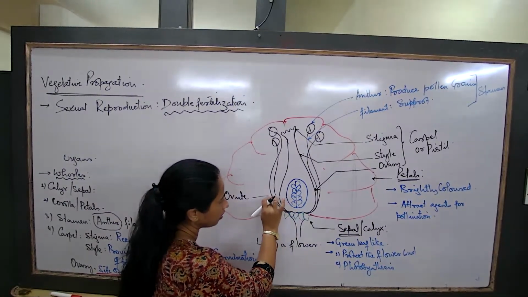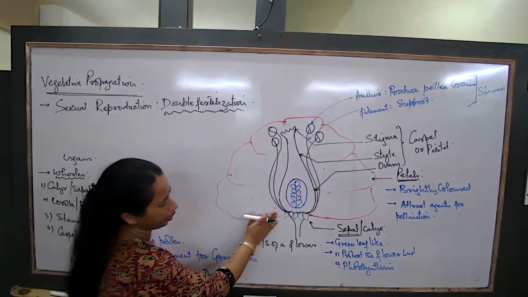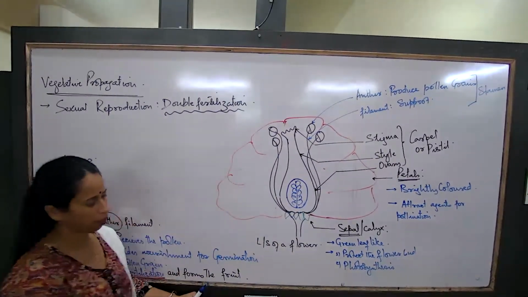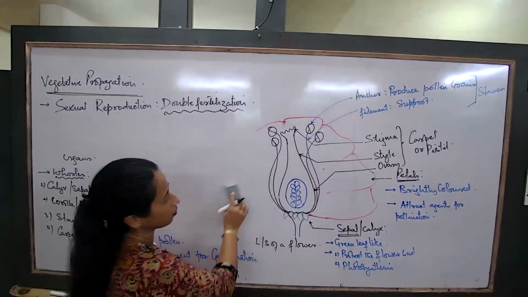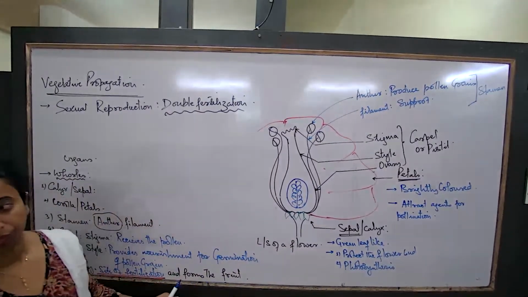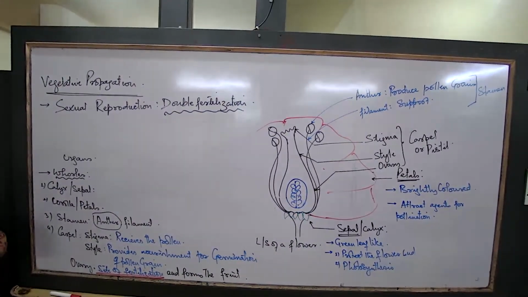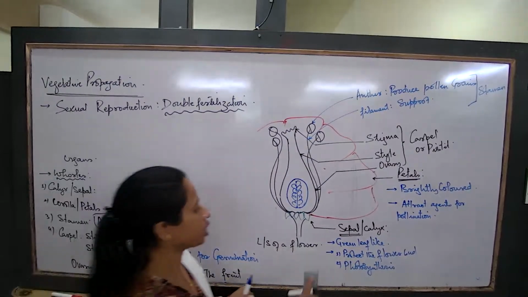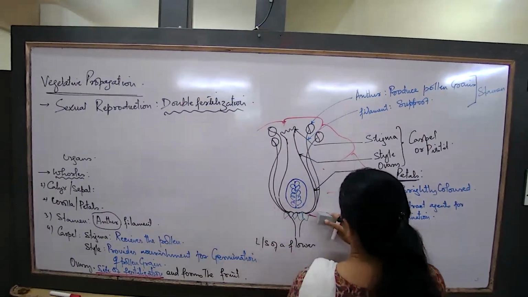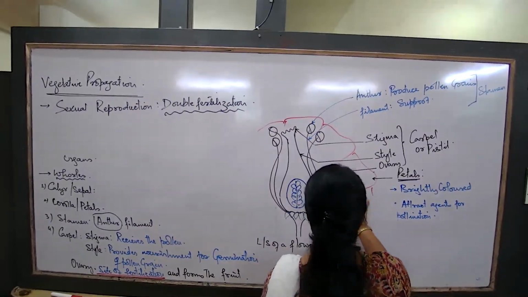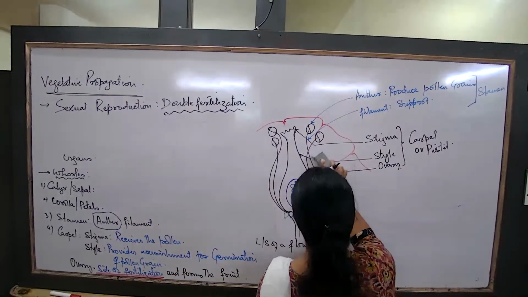First of all, define the process. Double fertilization is the process in which fusion of gametes takes place twice in the same ovule.